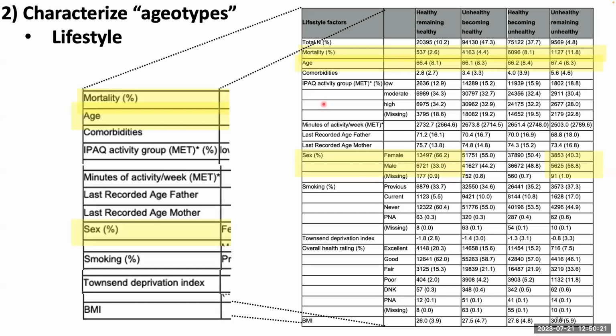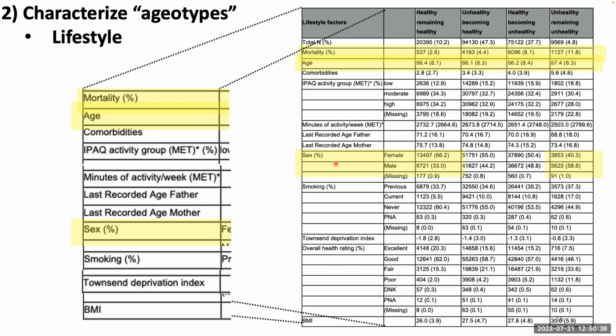As an example, you can see that mortality-wise, we only have 2% in the healthiest one, whereas the unhealthiest, the one that always remained unhealthy, has 11.8%. And this is constant within all of these different lifestyle factors.